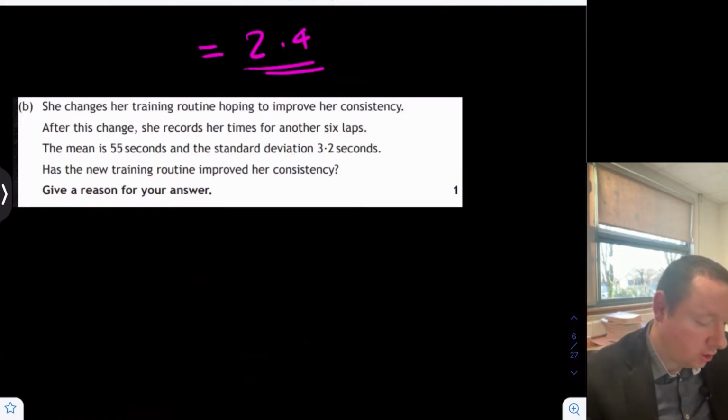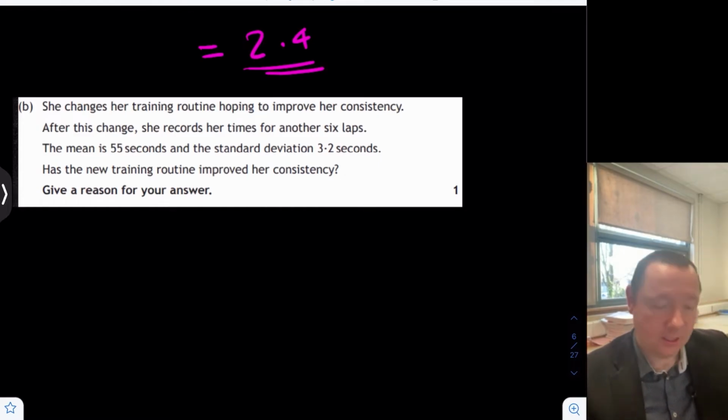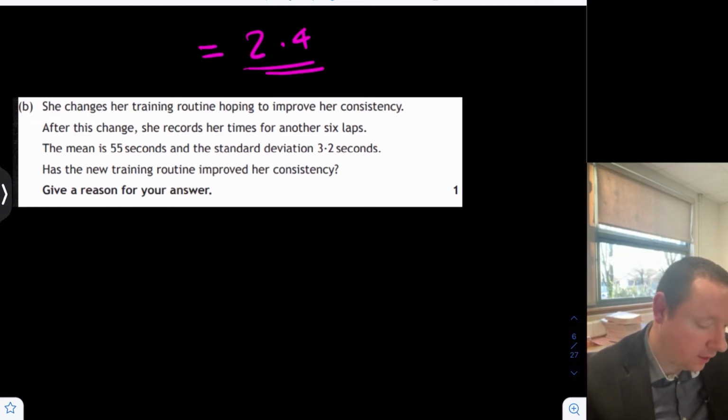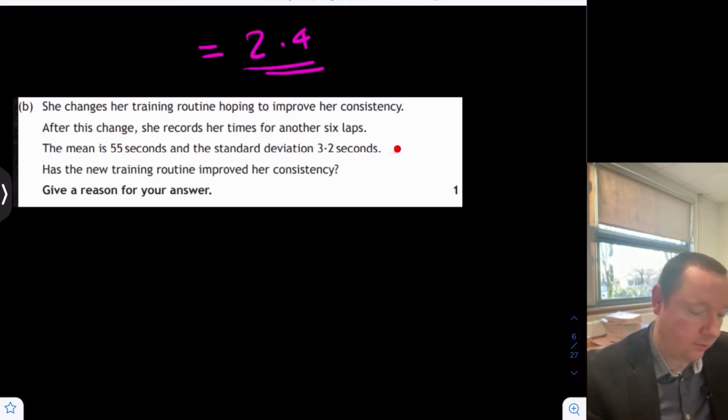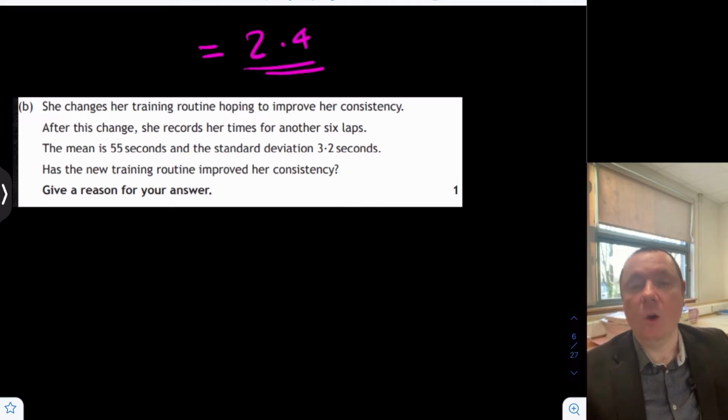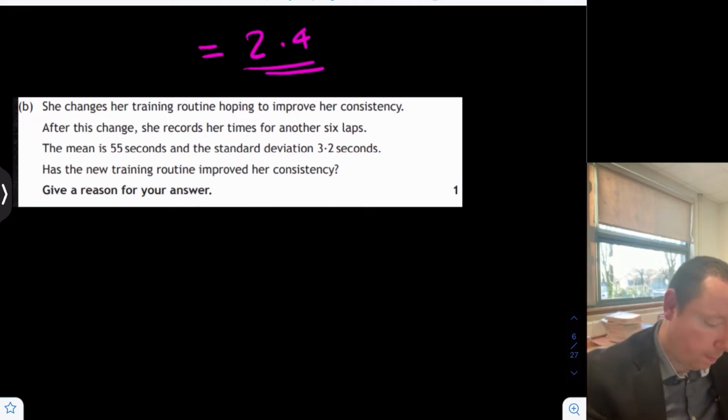Part B says she changes her training routine to improve her consistency. After this change, she records her times for another 6 laps. The mean is 55, the standard deviation is 3.2. Has she improved her consistency? Well, the mean doesn't affect consistency at all, so we can ignore that. The consistency is all about the standard deviation. Remember, the smaller the standard deviation, the more consistent the results are.